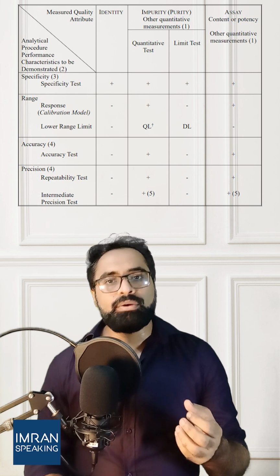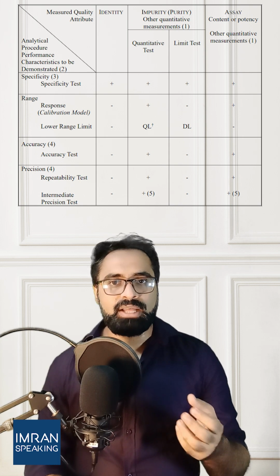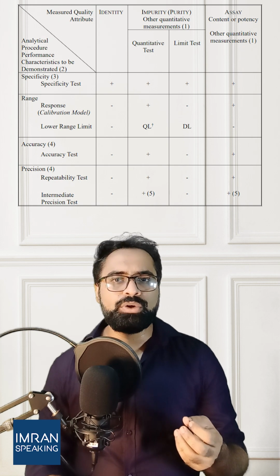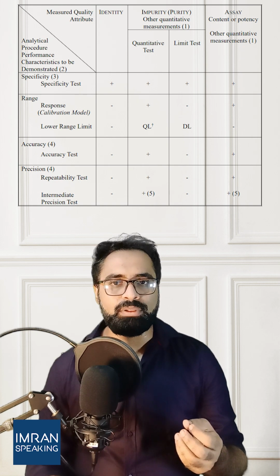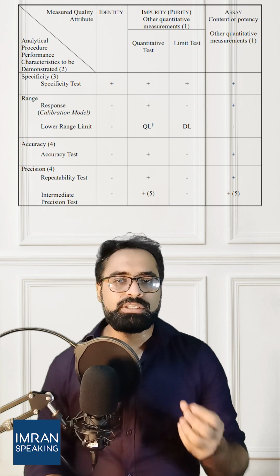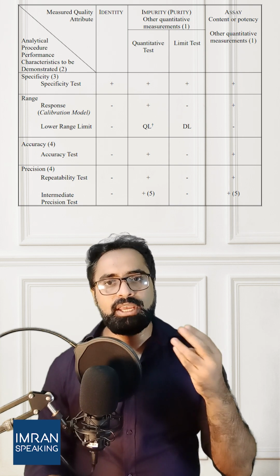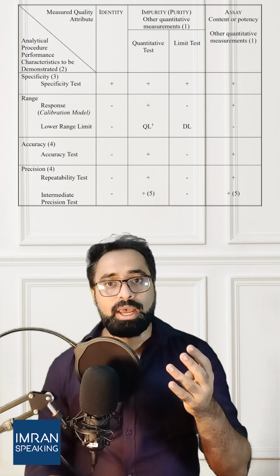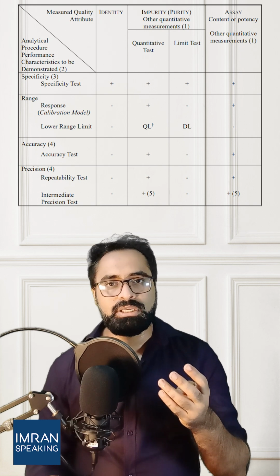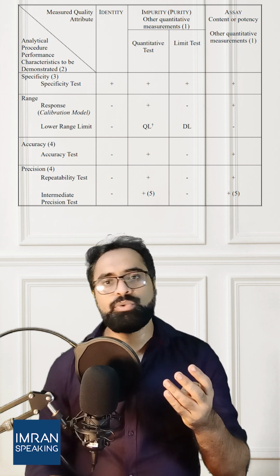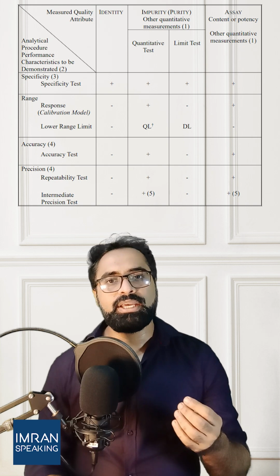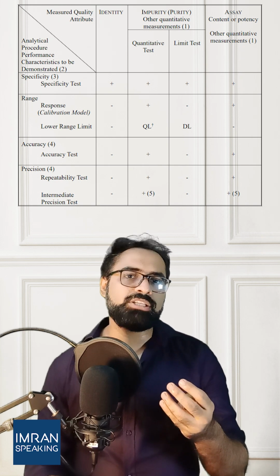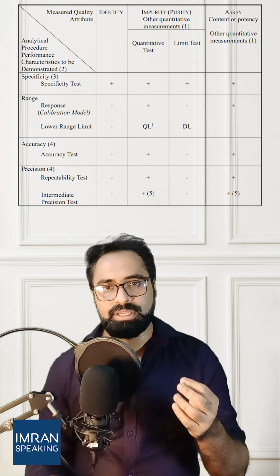In case of impurity or any analysis where a very small quantity of response from the sample is to be measured, specificity, linearity, LOD, LOQ, accuracy, repeatability, and intermediate precision are required to be performed. In case of limit tests, only specificity and LOD are required to be performed.